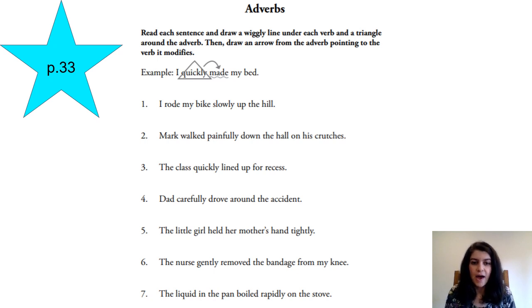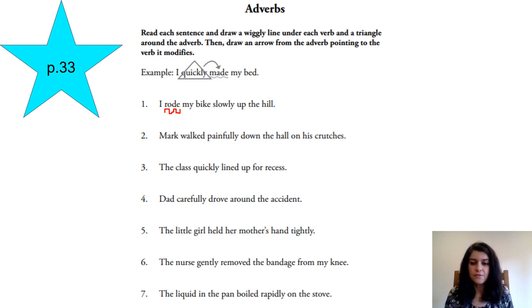Number 1 says, I rode my bike slowly up the hill. What's the verb in that sentence? Okay, the verb is rode, so you're going to wiggle underline that. Go ahead and do that on your paper.